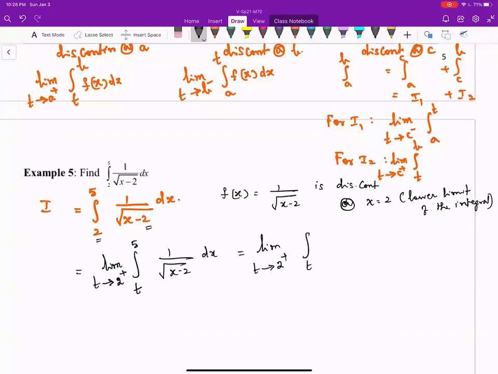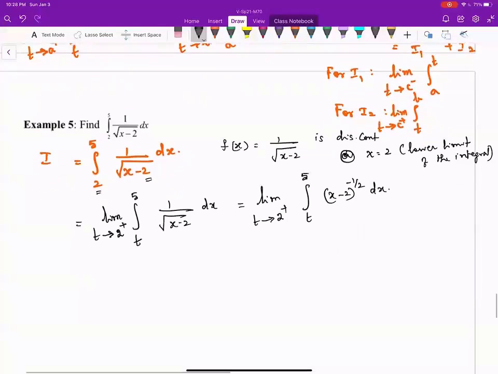In order to integrate, write this as (x minus 2) to the power negative 1 half dx. Now it is the limit as t approaches 2 from the right. Then it will be (x minus 2) to the power negative 1 half plus 1, so positive 1 half, over positive 1 half, between t and 5.